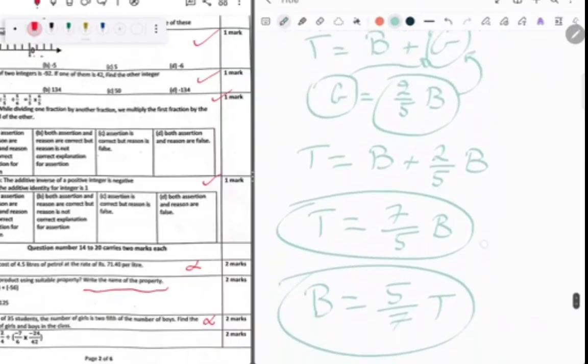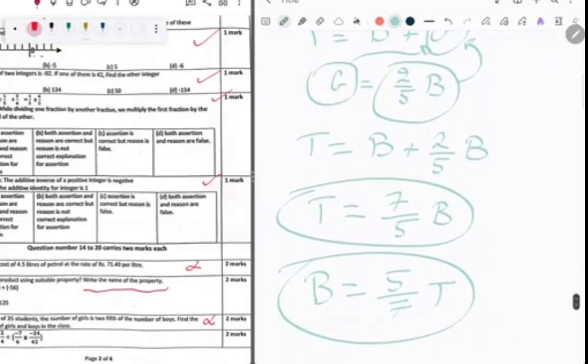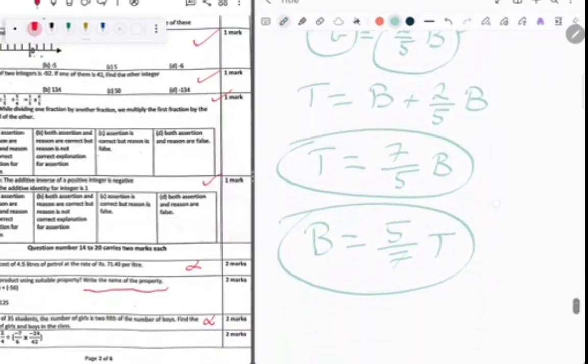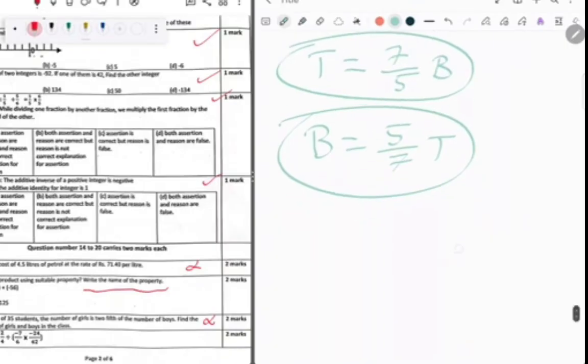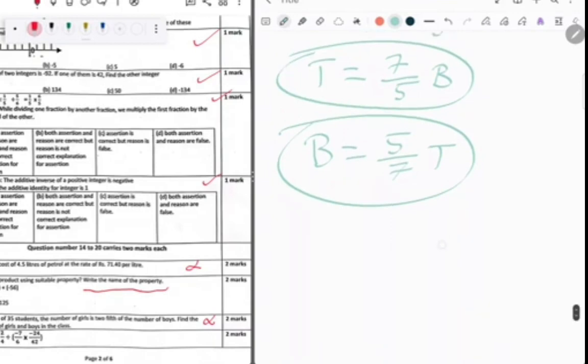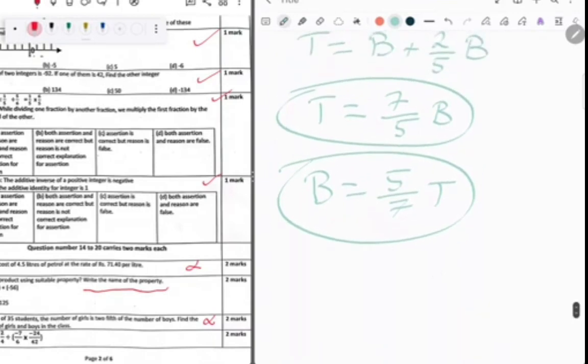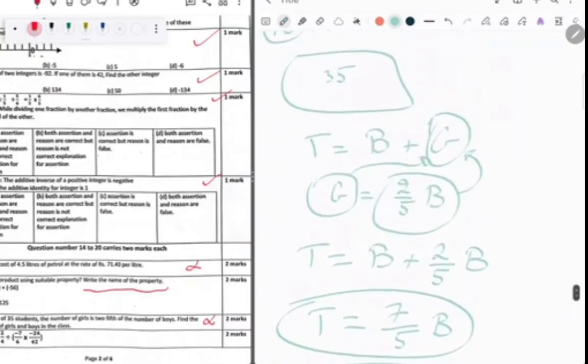Now if I want to get g, what do I do? If I want to solve for b and substitute b and put it back in g, what am I trying to do? First of all, we got the first one.